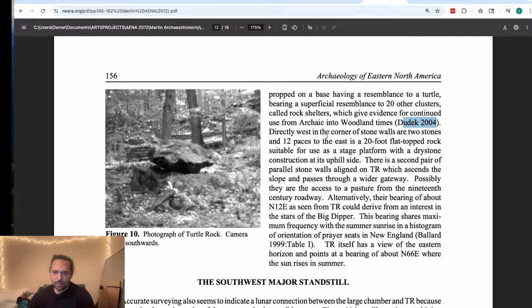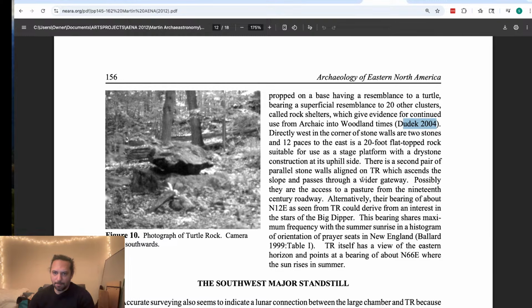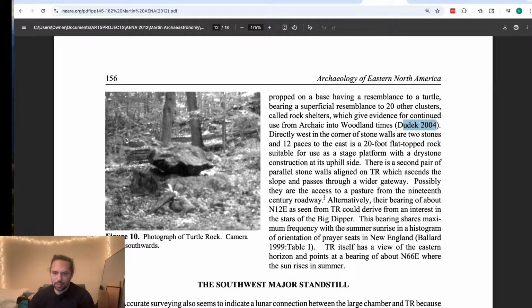Directly west in the corner of stone walls are 2 stones and 12 paces. To the east is a 20-foot flat-topped rock, suitable for use as a stage platform for the dry stone construction. Oh, wow, okay. The second pair of parallel stone, possibly they are access to a pasture from a 19th century roadway.